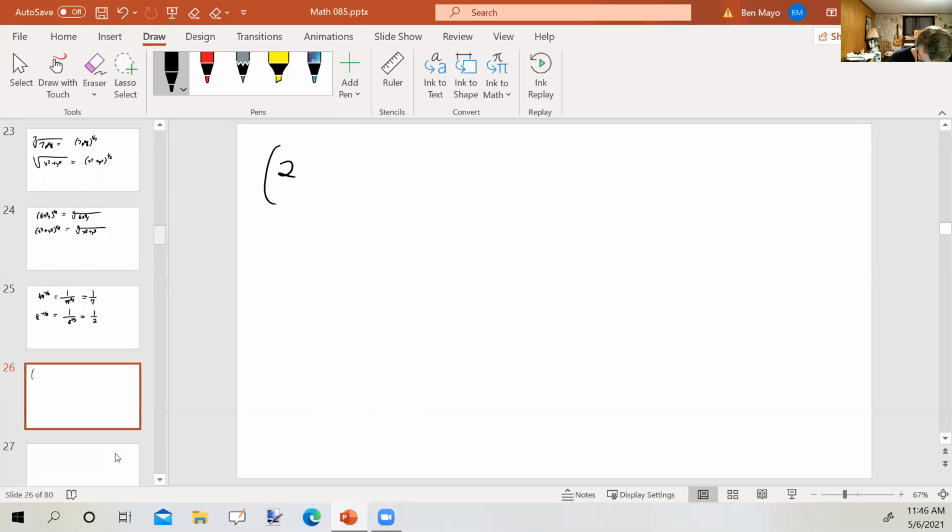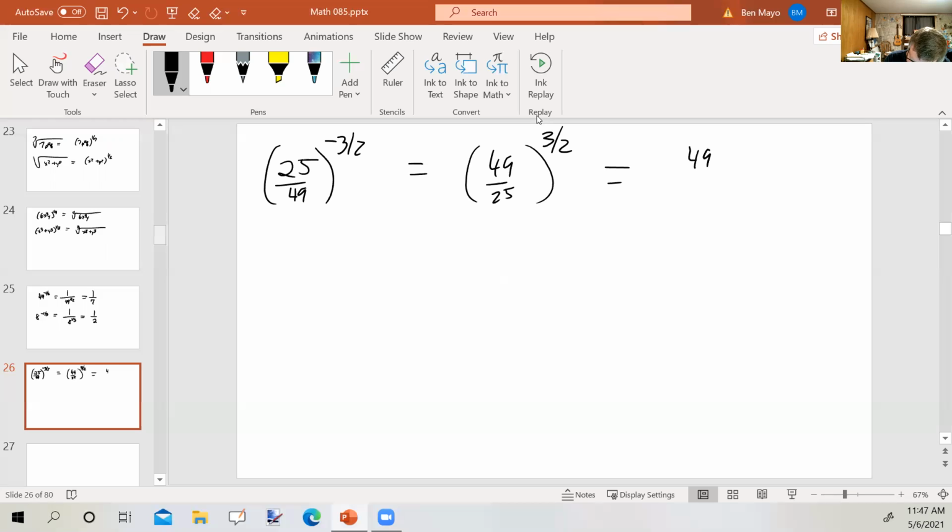How about this? 25/49 to the negative 3/2 power. We can take the reciprocal of the base, and that changes the sign of the exponent. Now we can apply the outside exponent to both the numerator and the denominator of the quotient. And then let's take the root and then the power.